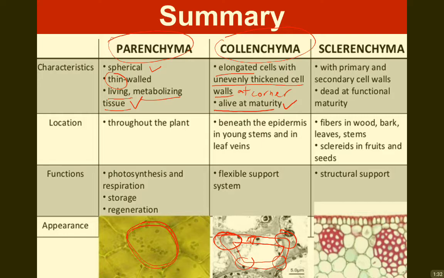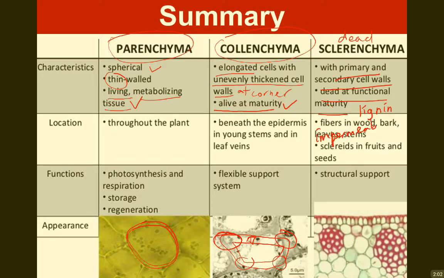For sclerenchyma, they have primary and secondary cell wall, dead at functional maturity, meaning that sclerenchyma is a dead cell. Why is it a dead cell? Because their cell wall is made up of a component called lignin. This lignin is impermeable to water.